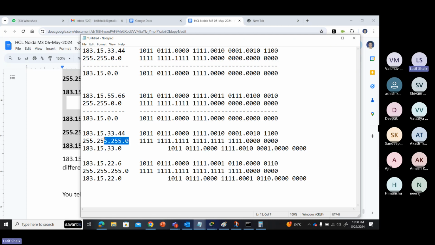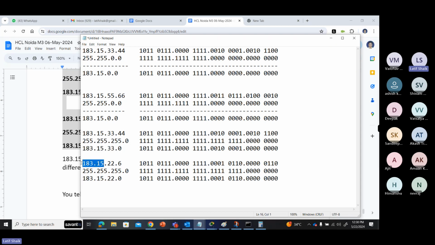Here I use a different subnet mask. This is a different subnet. Then I calculate the network IDs of both. See, this network ID is 183.15.0.0. And here it got a different network ID, so a different network.